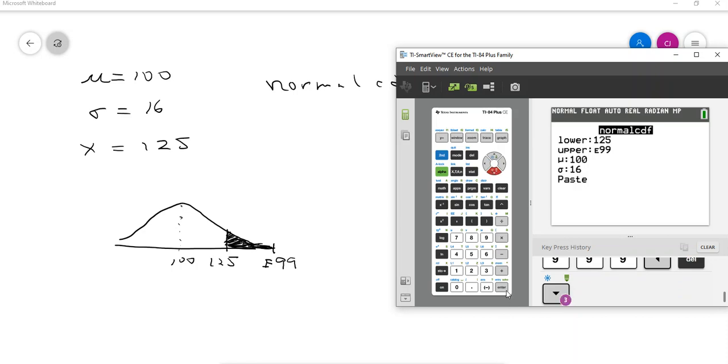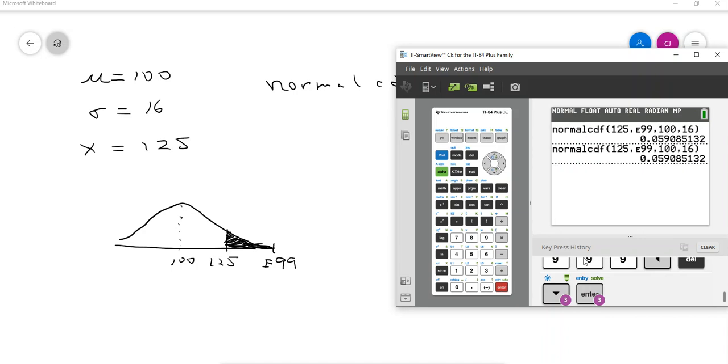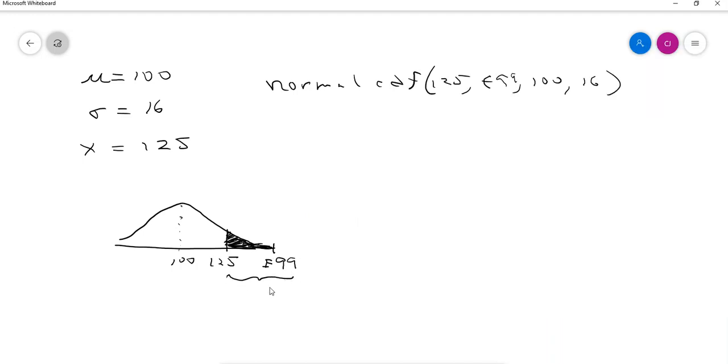And I'm going to go to paste. So everybody should have that in their calculators. Hit enter. And 0.059. All right, so from here to here and up, 0.059. So there's not much, almost 6% of all the scores are going to be above 125 on IQ. So not very many, not a lot, right? Okay, great. All right, and that's going to close out that chapter for today.